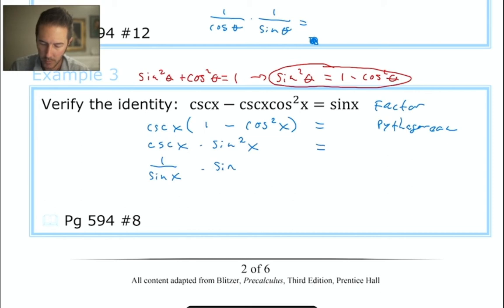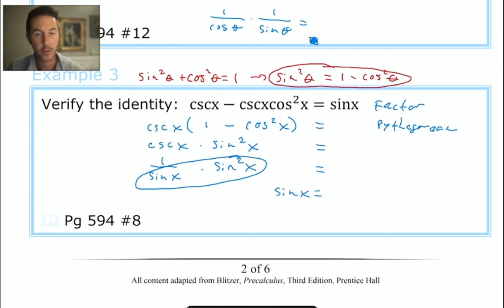I think it's most typical, however, that you'll still see it as sine squared x equals, and then you can do a bit of reducing here so that all you're left with is sine x equals the right-hand side, sine x.